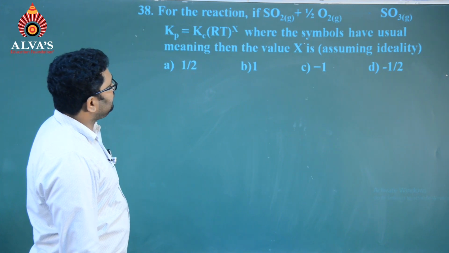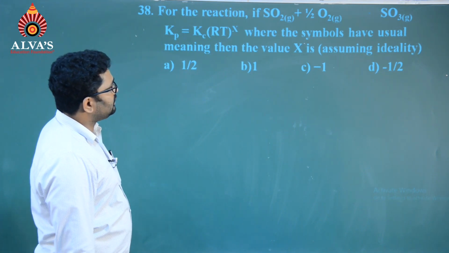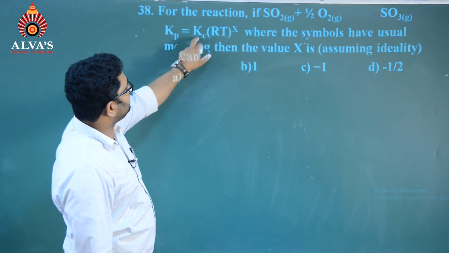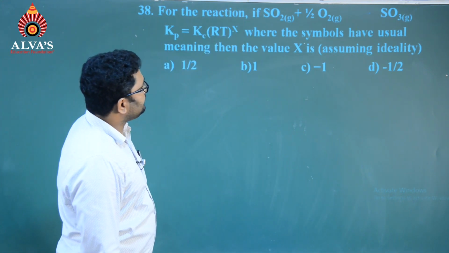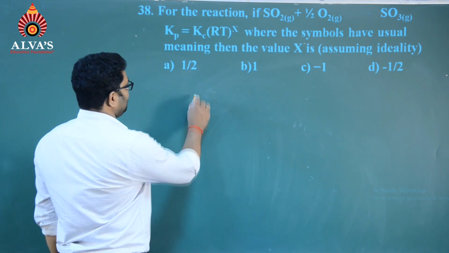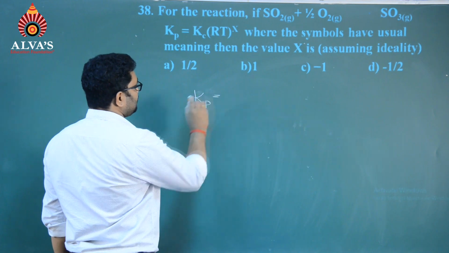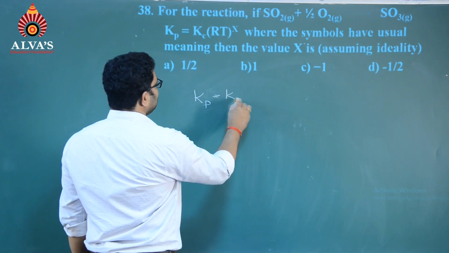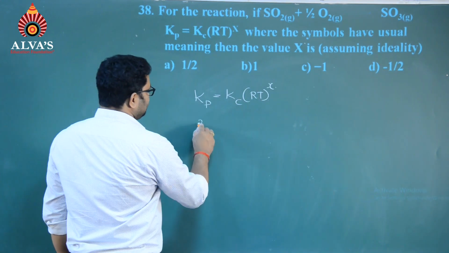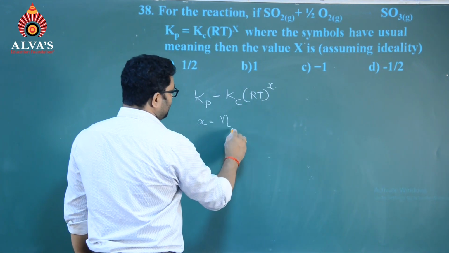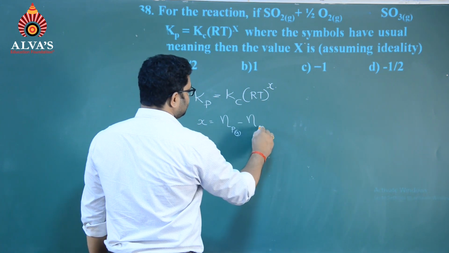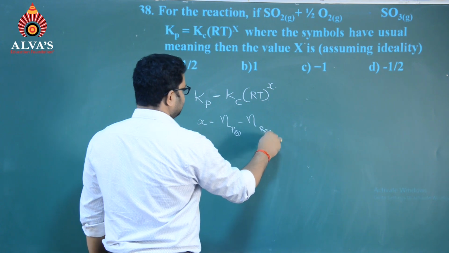For the reaction SO2 sulfur dioxide on combustion gives you sulfur trioxide, Kp is Kc into RT power x, where the symbols have usual meaning. Then the value of x is? We have one equation that relates Kp with Kc, that is RT power x. x is nothing but the number of moles of gaseous products minus the number of moles of gaseous reactants.